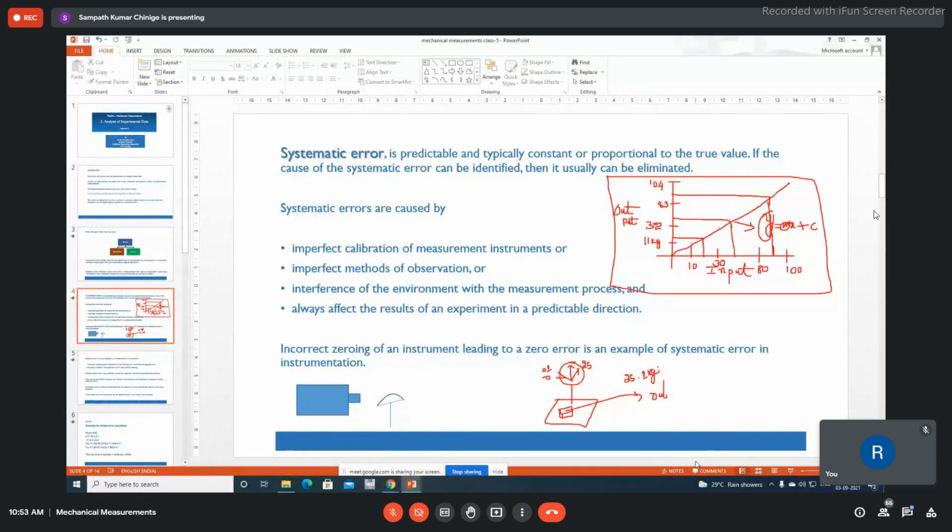Whatever current input you give to the resistor heater, it gets heated up, and the temperature measured through the hot water bath is always the correct value.